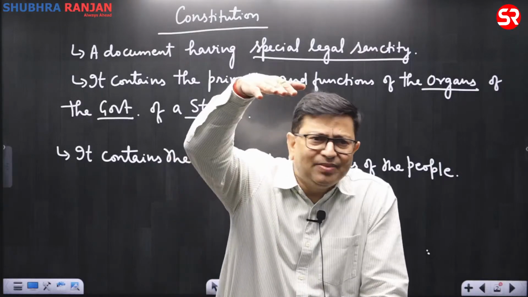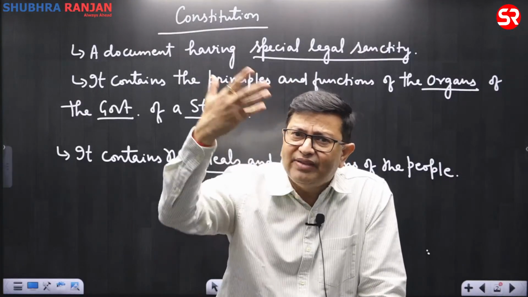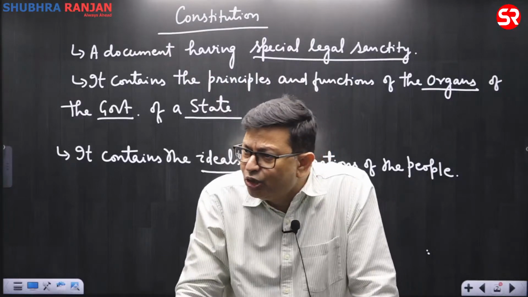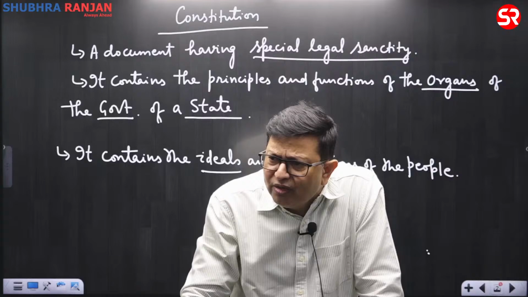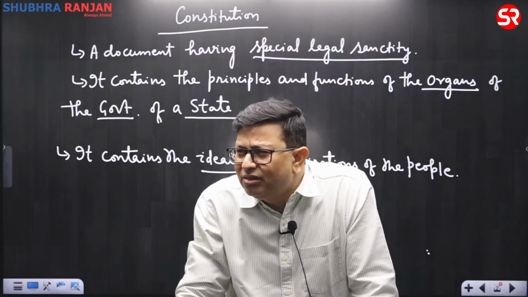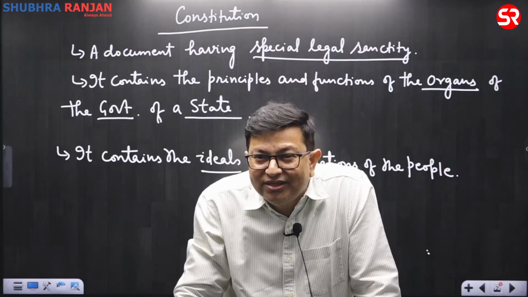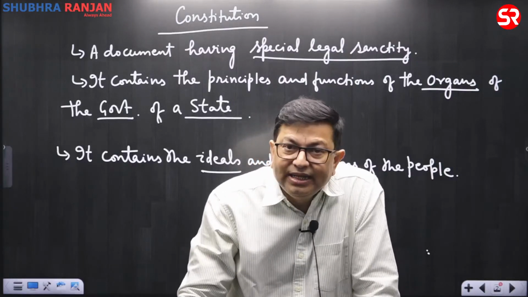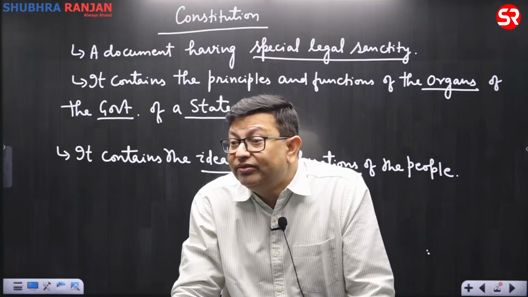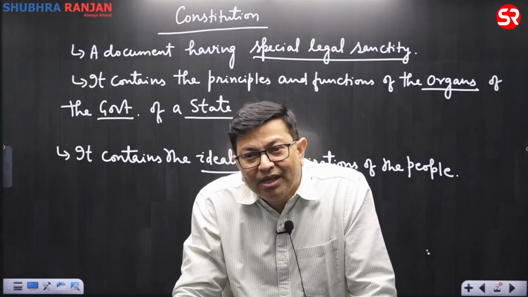So a parameter has been set and we feel that we have achieved this. So in the constitution of a country, the ideals have been mentioned. What type of government have you achieved? Democracy, republican system.